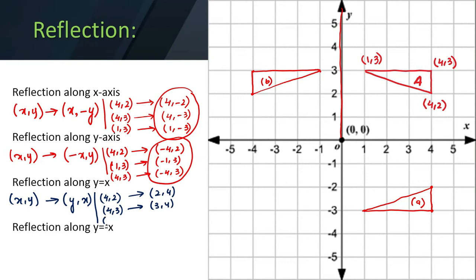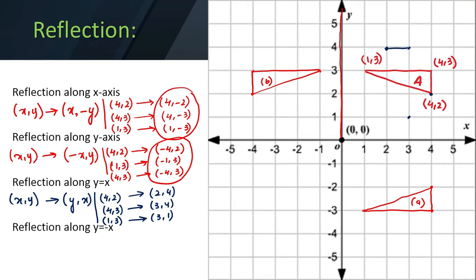And when we have (1, 3), it will be interchanged as (3, 1). Now when we mark these coordinates on the graph paper, it is not (4, 2), it is (2, 4). So (2, 4), and then we have (3, 4), and then we have (3, 1).